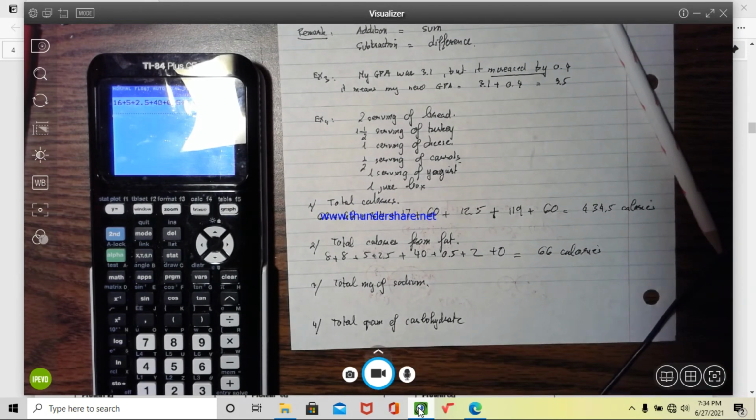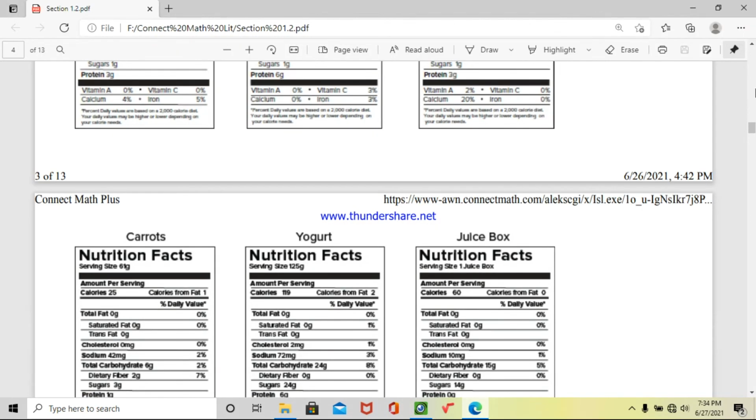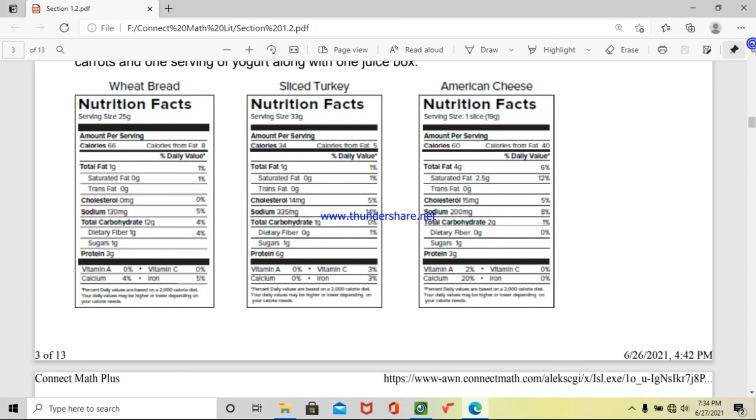Okay. Now for number 3, we want to find the total milligram of sodium. Alright, we switch them back to the information table. So we want milligram from sodium, so sodium right here, right?